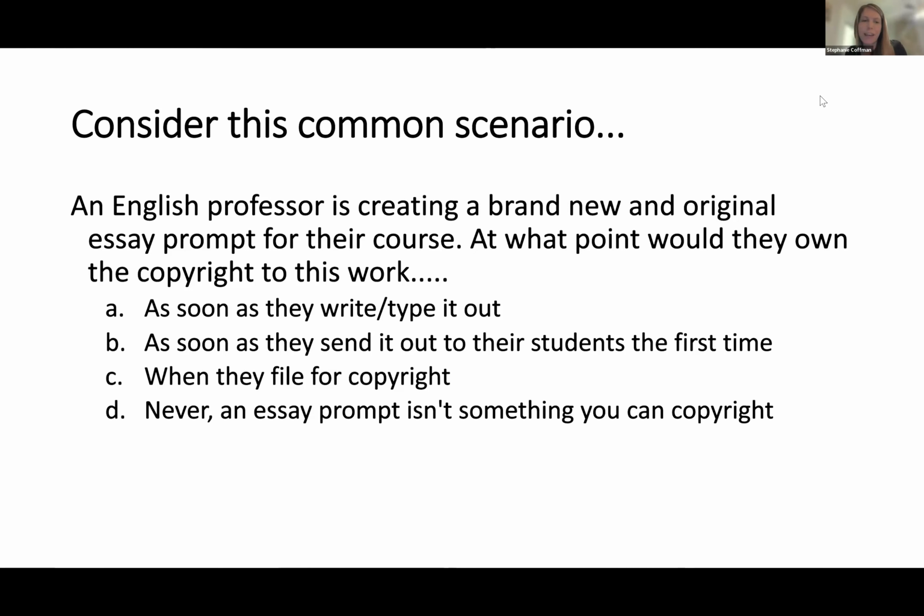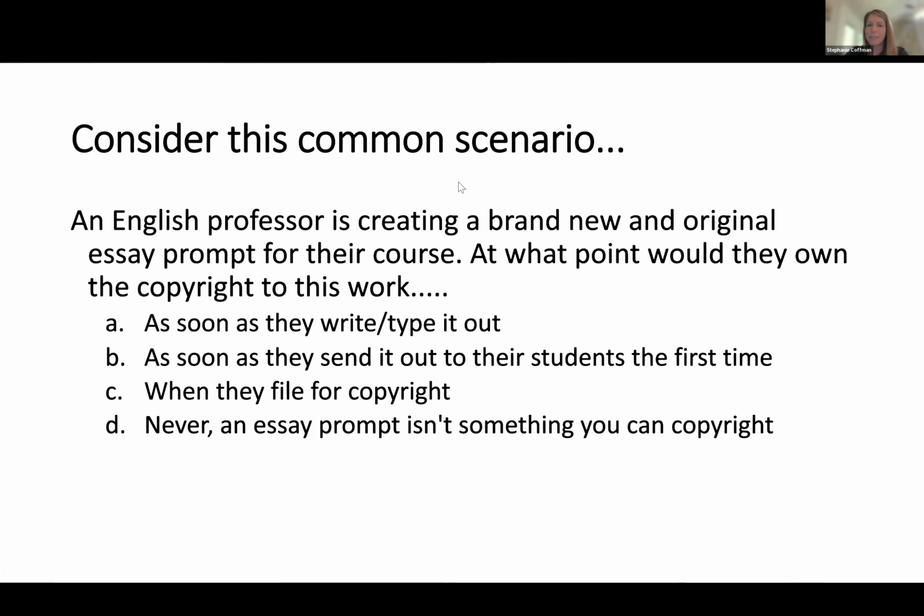So what do you guys think? You can type a letter in the chat for the one that you think is correct. You're welcome to unmute yourself and provide us with your thoughts as well. You're not expected to know the answer, of course.